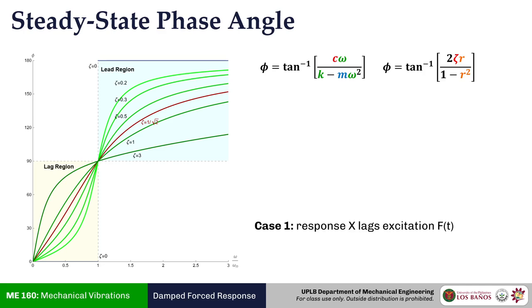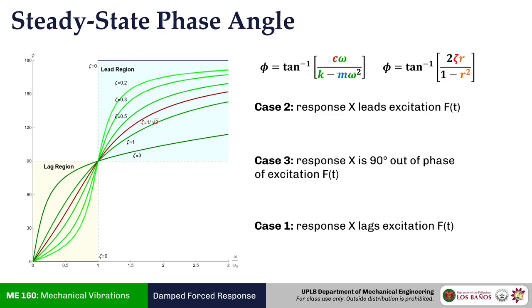So, parang nahuhuli siya ng konti. Pagdating mo naman sa case 2 region, which is frequency ratios above 1, yung steady state response mo ay mauuna sa forcing function mo. And for case 3, pag exactly 1 yung inyong frequency ratio, then your phi will always be 90 degrees regardless of damping.